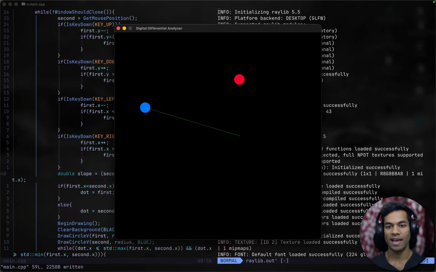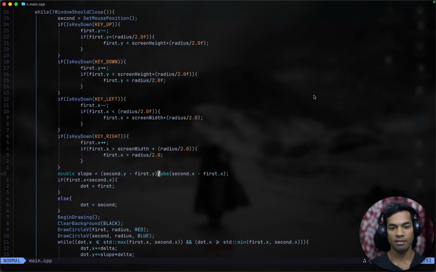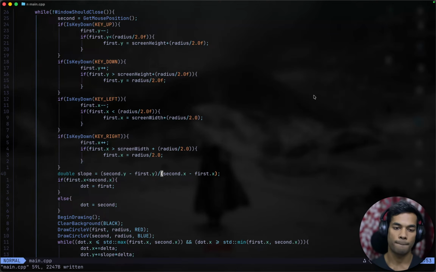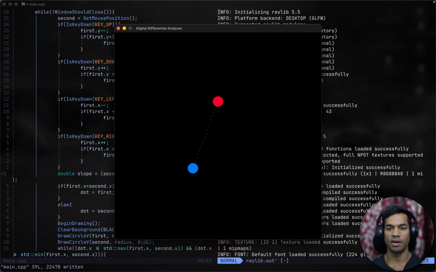The y-axis is going in the opposite direction, which is not very good. I guess because of absolute. Yeah, that was because of absolute. Okay, so now we have this line working. It does not matter which ball is on the left and which ball is on the right. So that is very cool.